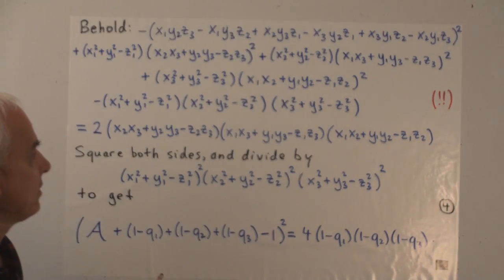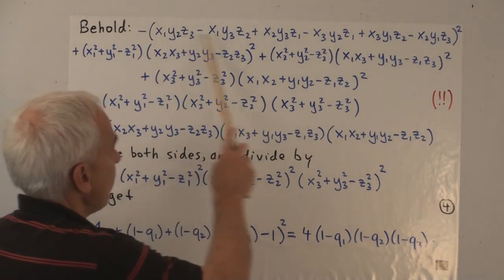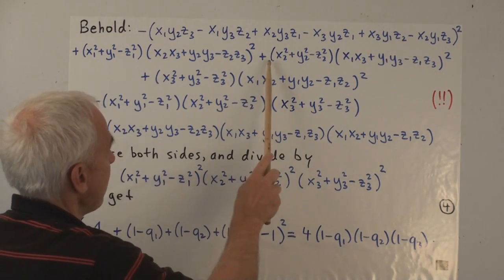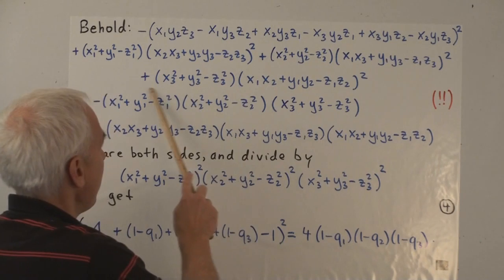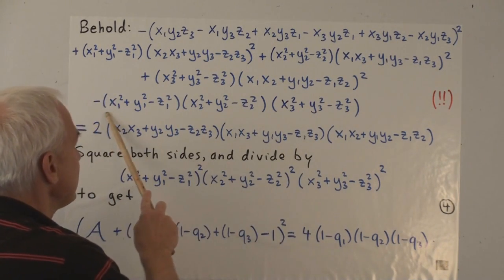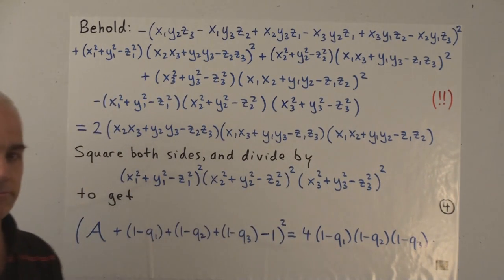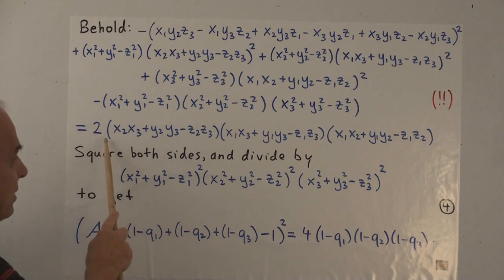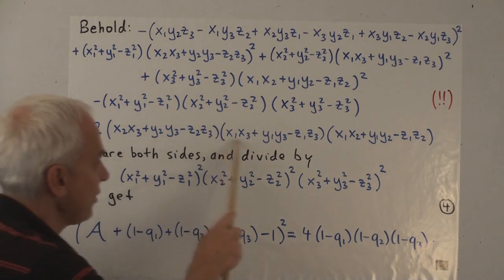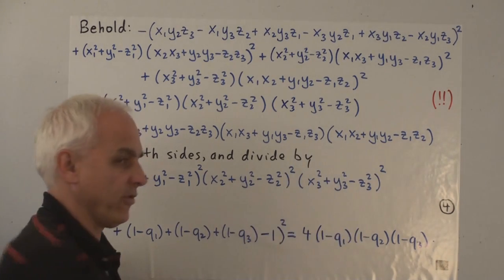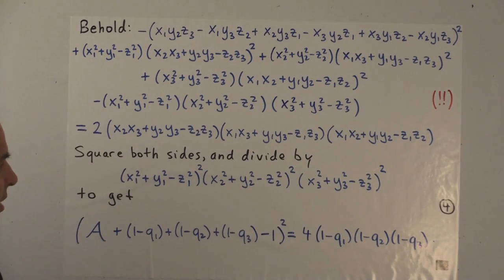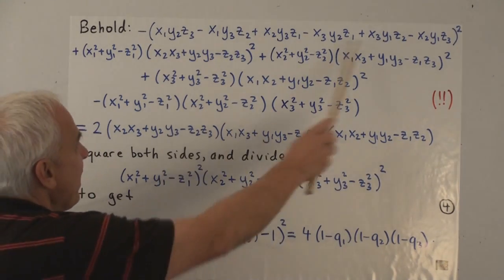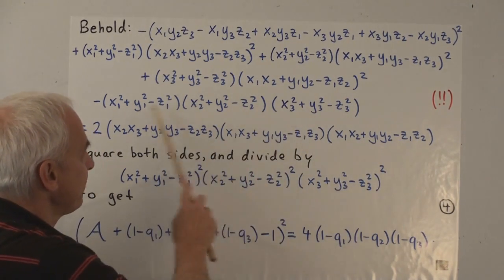The left-hand side is this thing plus this thing plus this thing plus this thing minus this thing, the left-hand side, equals 2 times this times this times this. So the right-hand side is relatively short. The left-hand side is all of this.